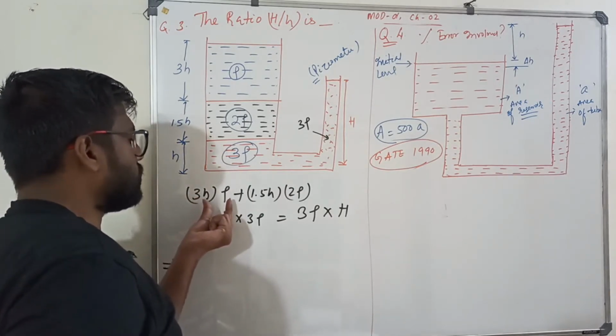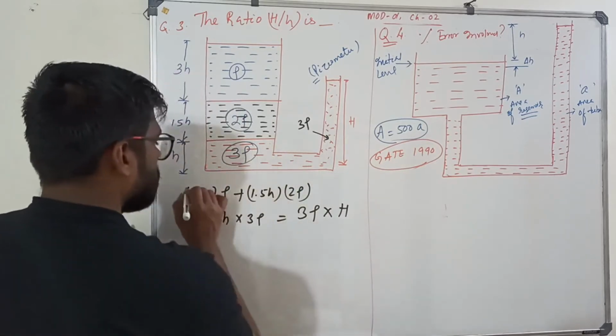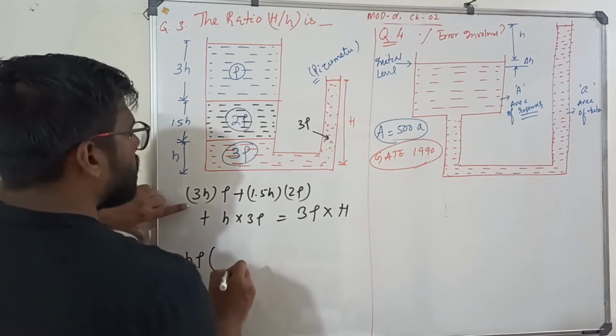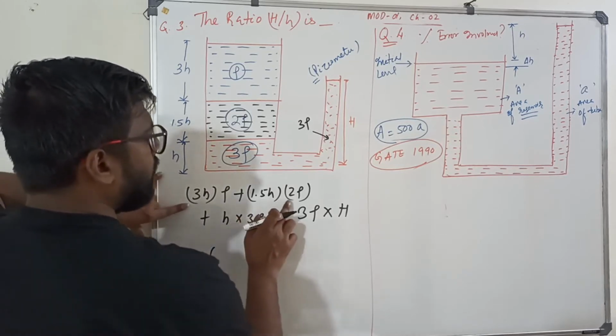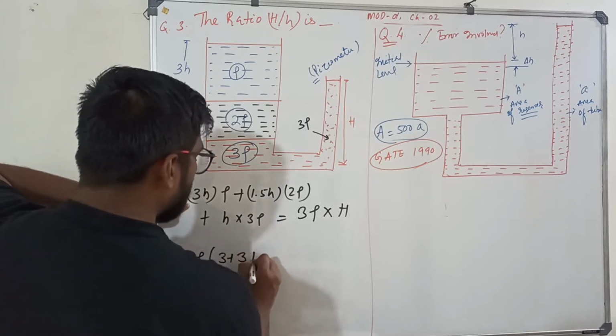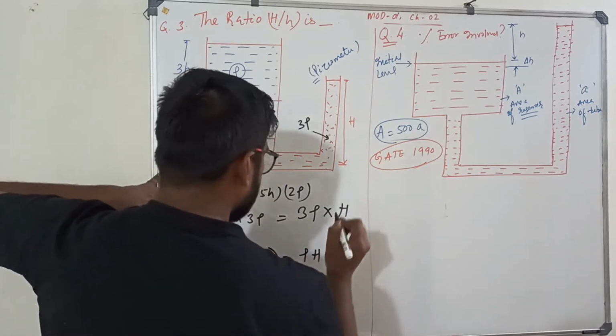This is 3h rho. Take h rho common. What you got here? 3. Then 1.5 into 2, 3. So you got 3 plus 3, and again 3, equal to rho H multiplied by 3.